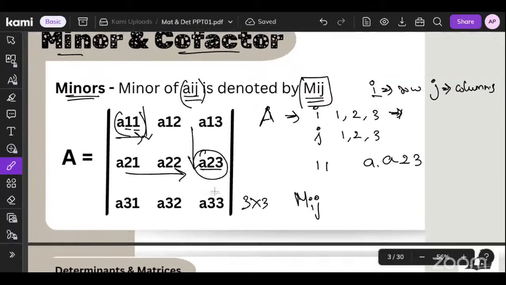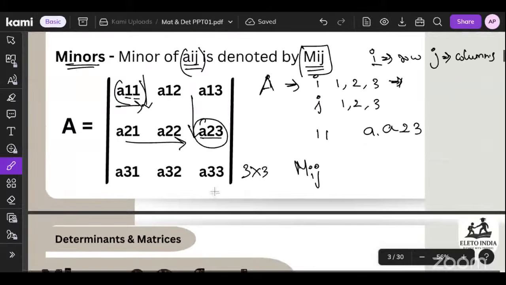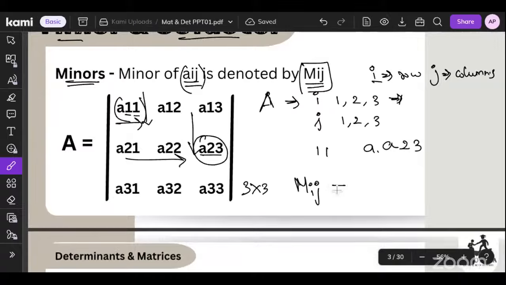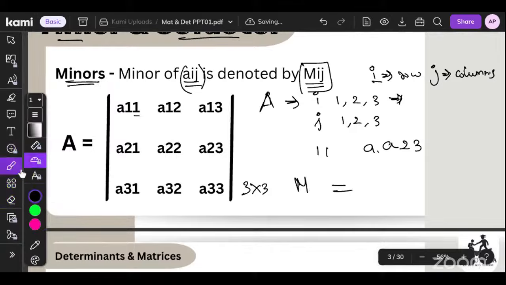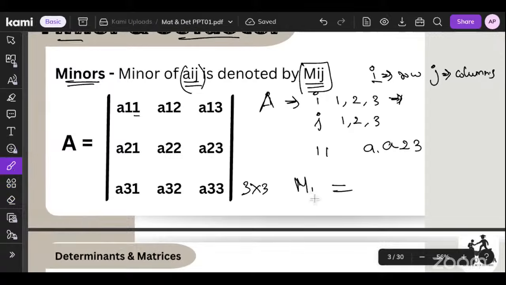And then what we are doing in this minor, just a minute, let me tell you how to calculate the minor. If you need minor for some value, let us take minor for 1 1. You need to skip the row and you need to skip the column.